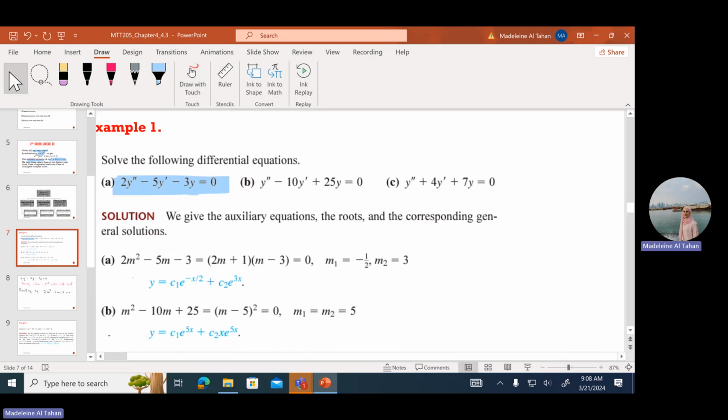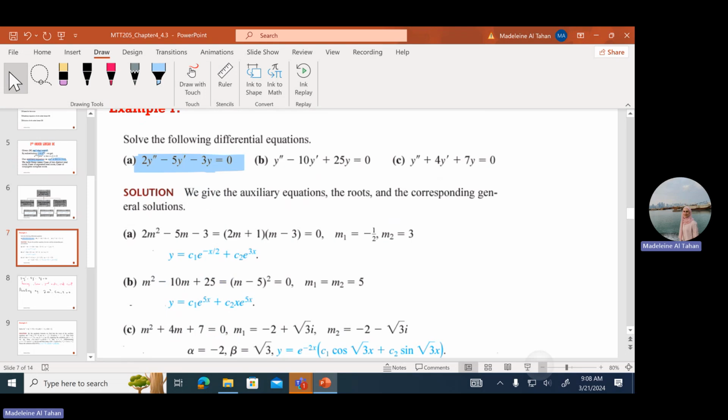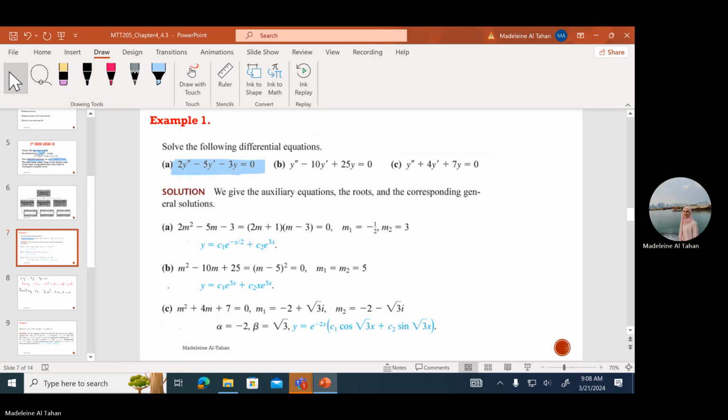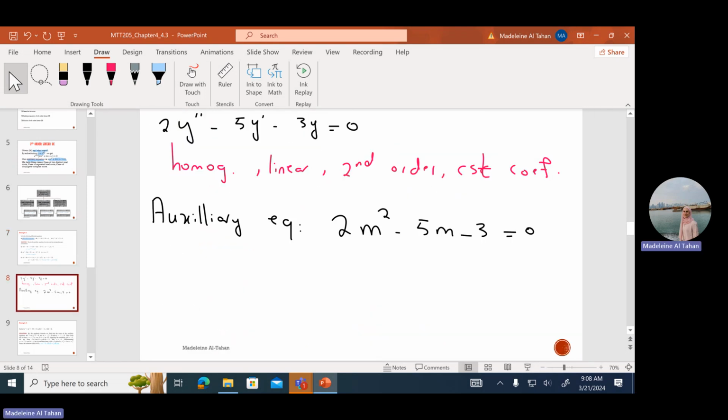The auxiliary equation of part B: m squared, minus m, plus, equals zero. What's the auxiliary equation of part C? Plus 4m plus 7. Instead of y, we have nothing. Okay? Now, this one, we want to solve it.